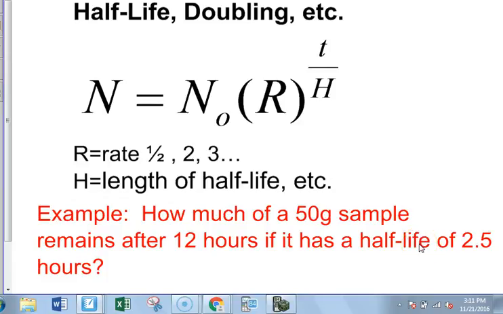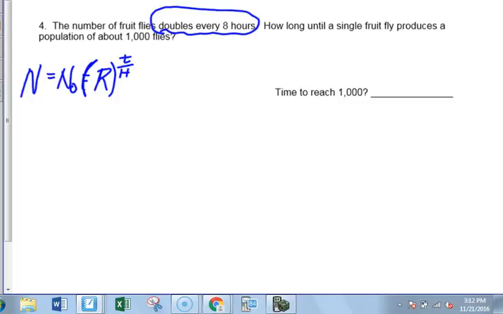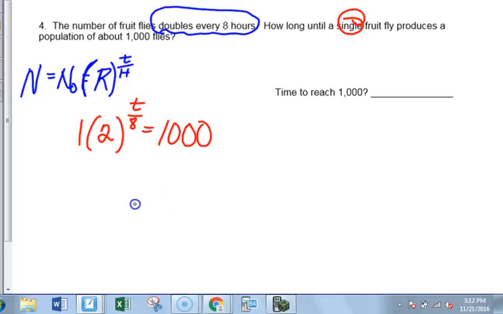All right, going back to this question. We're going to put in a single fruit fly. One nasty little fruit fly is doubling, so our rate is 2 every 8 hours. So we're going to go T over 8. How long until we have 1,000 fruit flies?